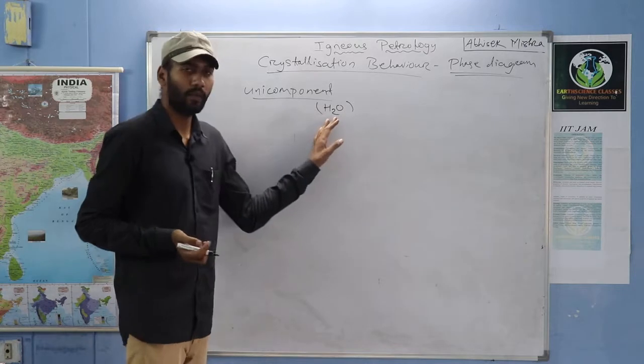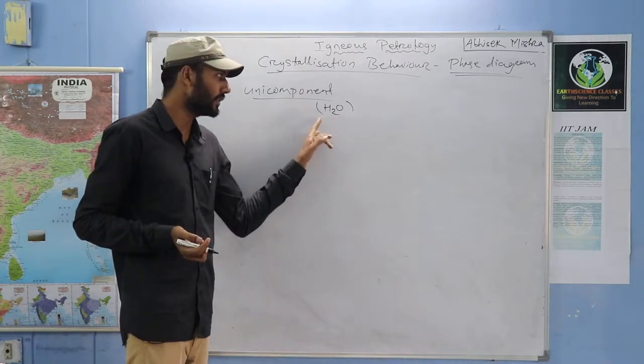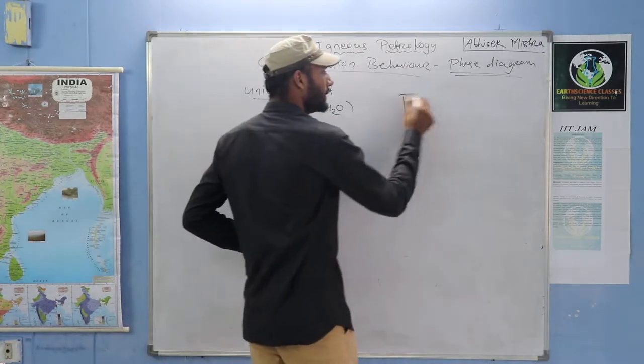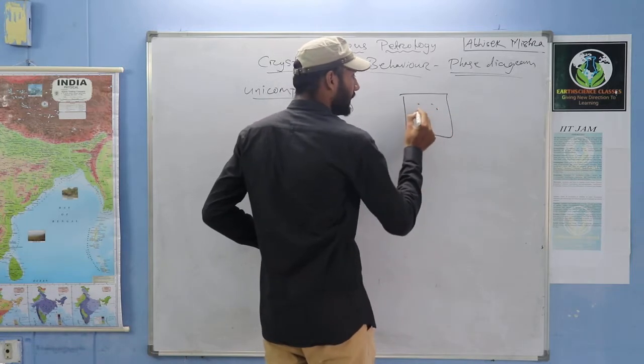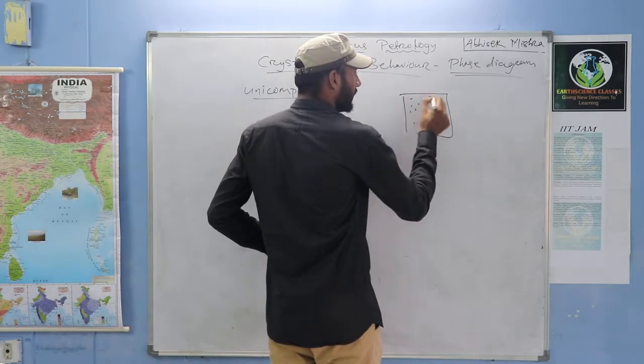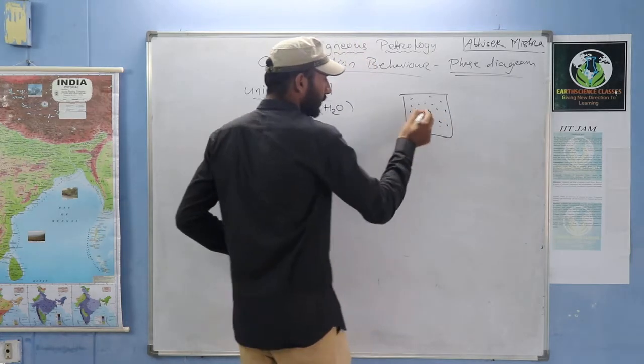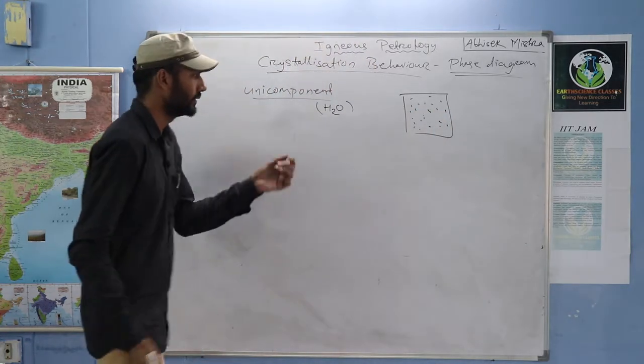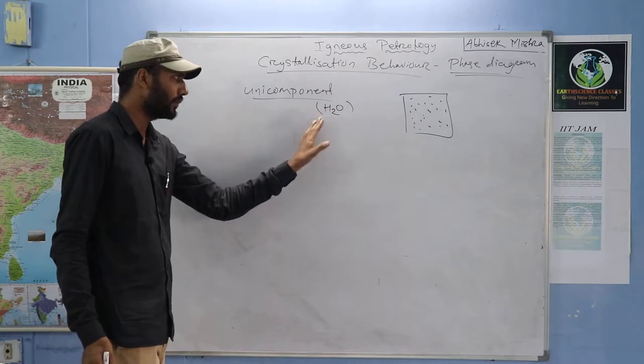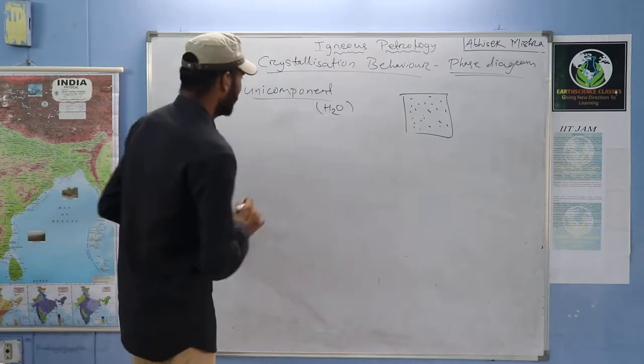The number of components is 1. In the system, the number of components is 1, that is hydrogen and oxygen, H2O.